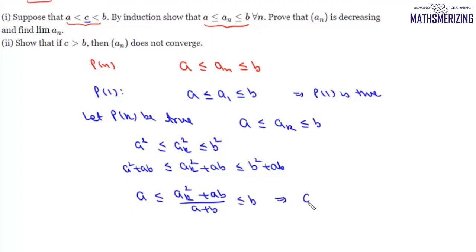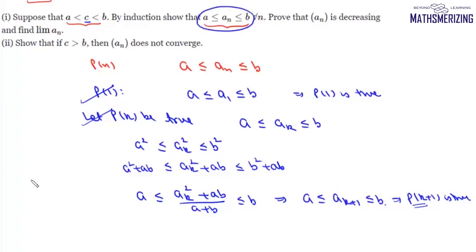That is, this a_{k+1} will also lie between a and b. That is, P(k+1) is true. So P1 is true, and assuming Pk to be true, we have proved that P(k+1) is true. So from induction we can say that any term of the sequence will lie between a and b. That is, this sequence is a bounded sequence.